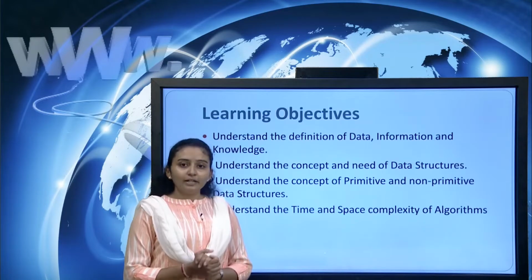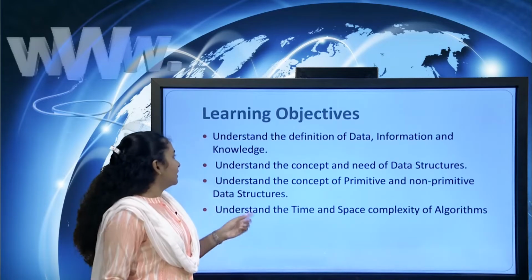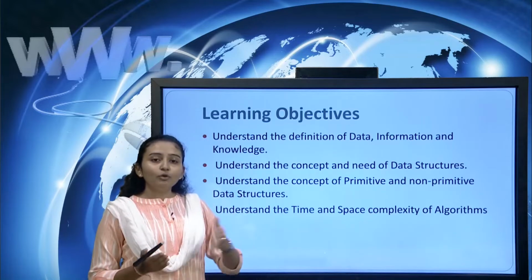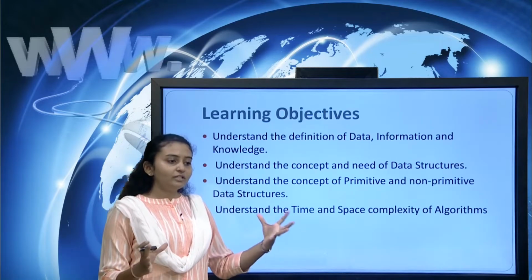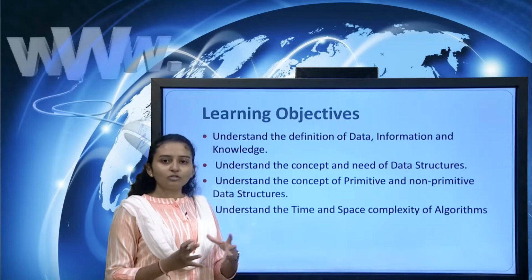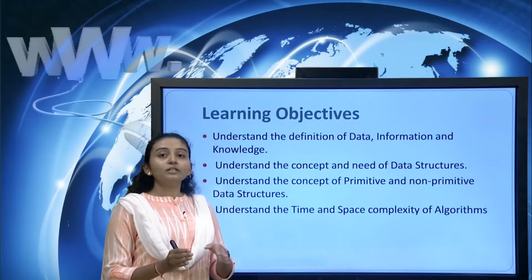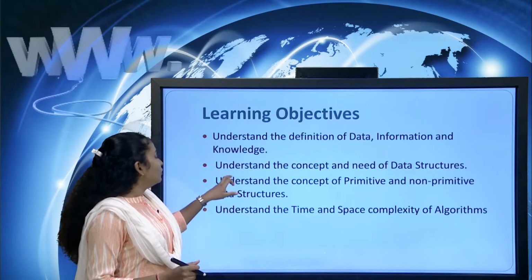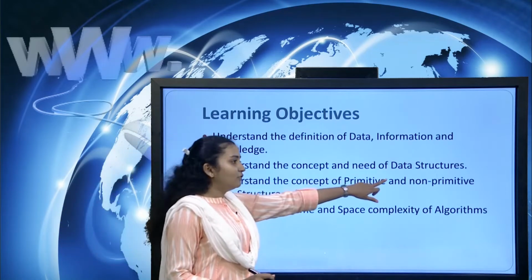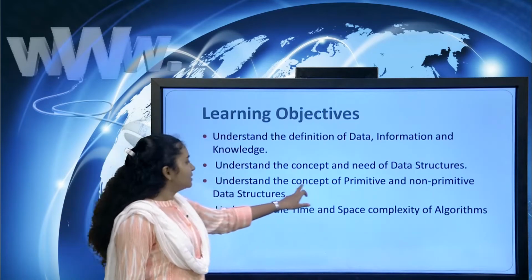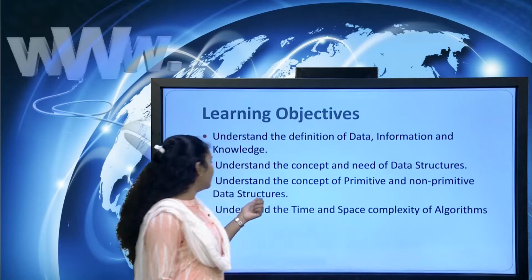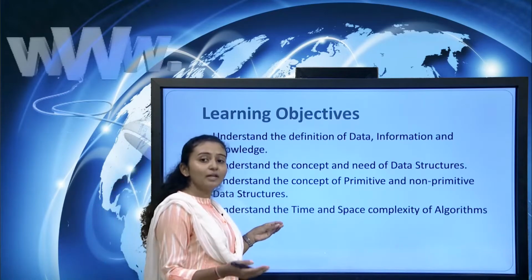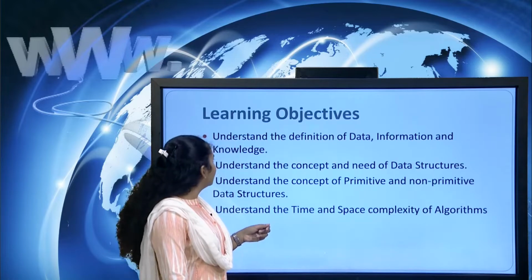For data structures, we must understand the definition of data, information and knowledge, because before going for any storage or collection of information, we must know what is data, what is information, what is knowledge. Then we will understand the concept and need of data structures, the concept of primitive and non-primitive data structures, and next the time and space complexity of algorithms.